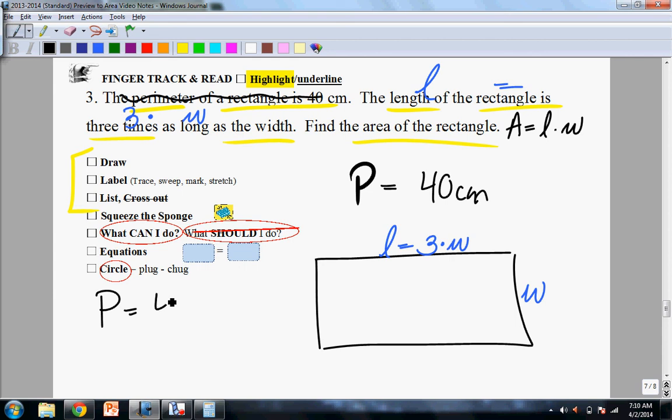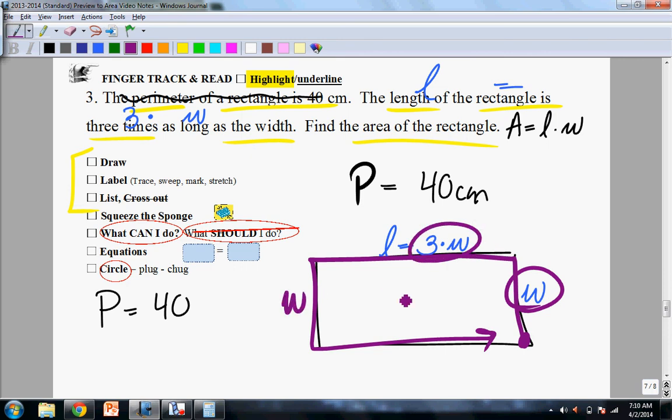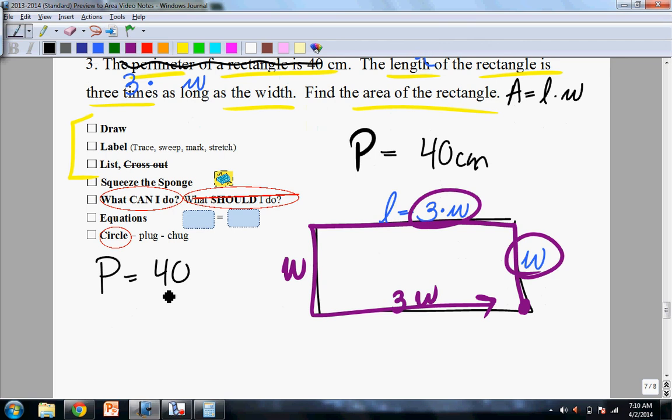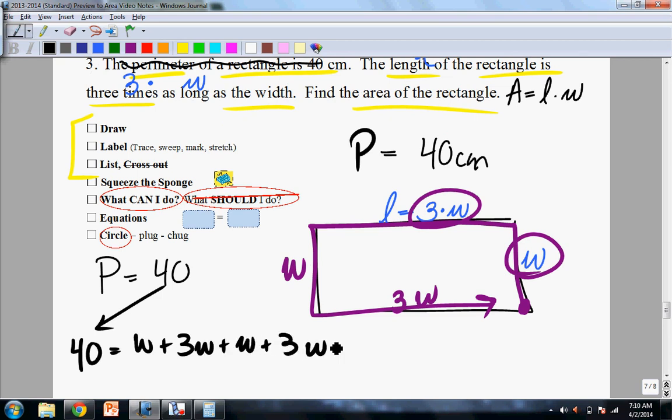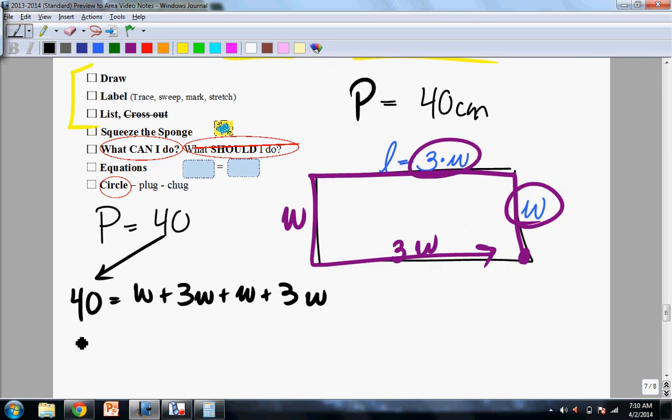So let's see what we can do here. We have perimeter. Perimeter equals 40. And we also know we can do this for perimeter. If we just put it here and walk it around, we see our perimeter is going to be W plus 3W plus W plus 3W. So I'm going to make 40 equals W plus 3W plus W plus 3W.